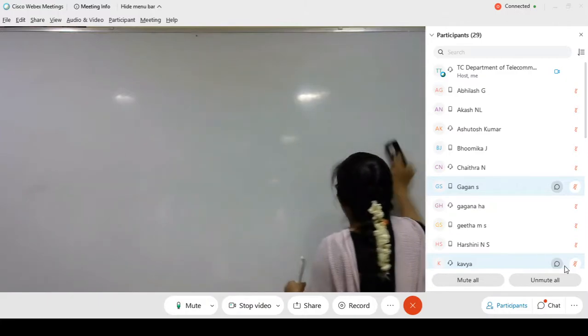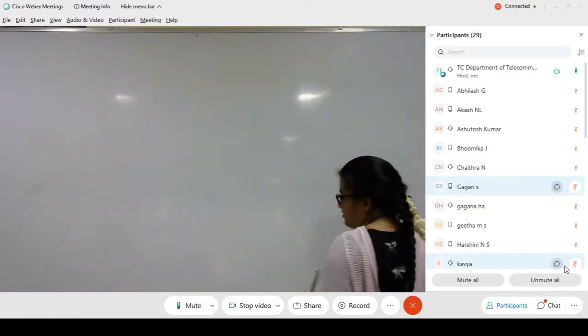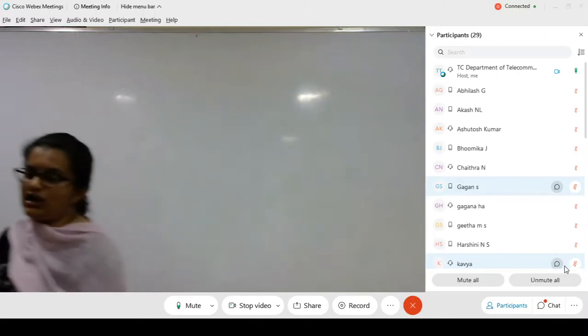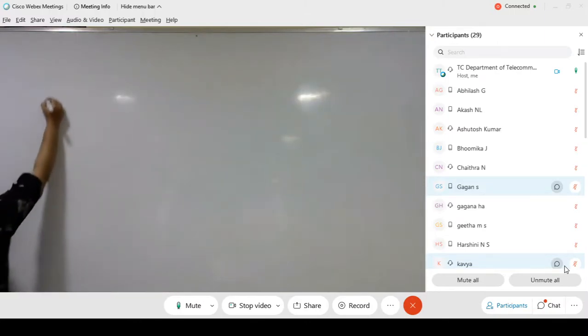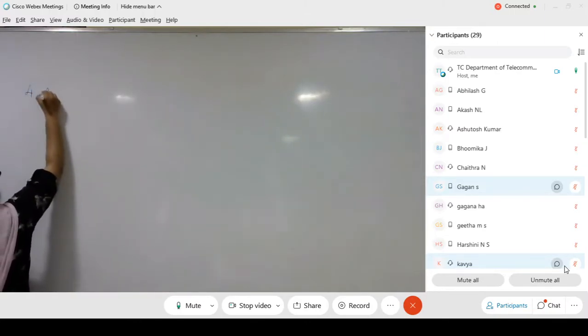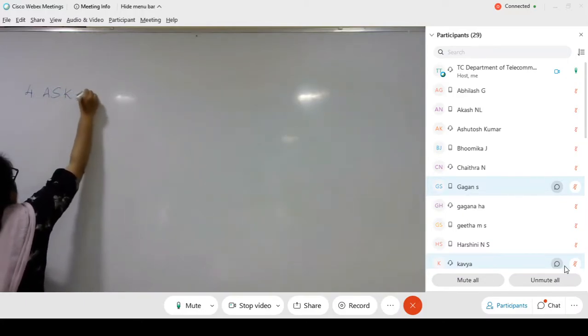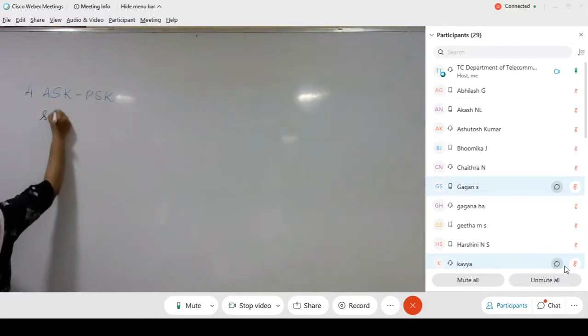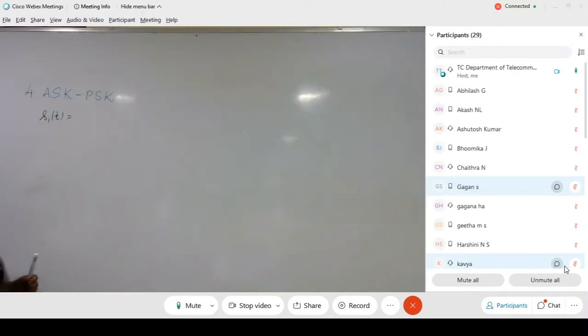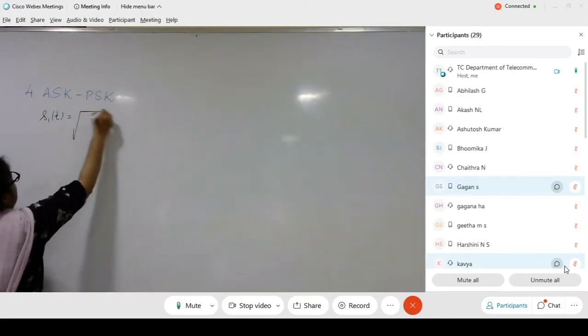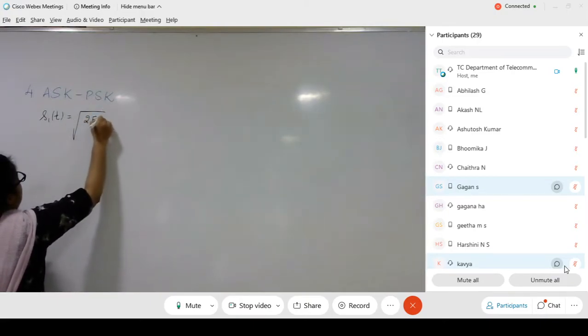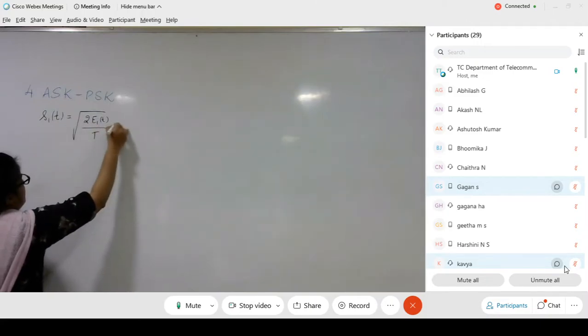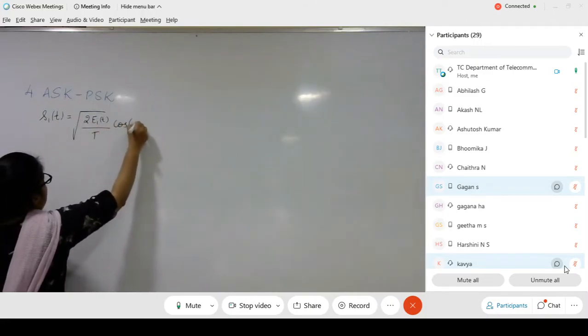Let me define. It's not a very basic modulation technique, but rather a combined effect of ASK and PSK. So here I will have two variables. I can represent the symbols as s_i(t) equal to under the root 2 E_i(t) by capital T into cos omega naught, which will remain as it is.